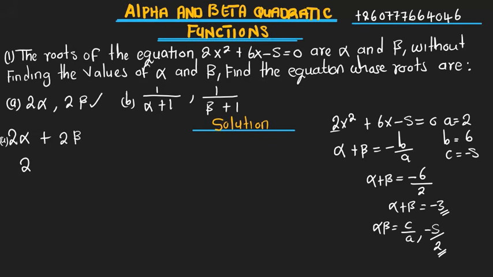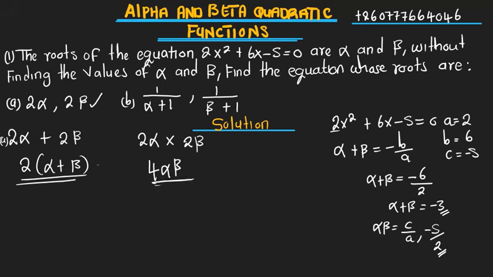This is just the same as 2, open bracket, if we factorize, alpha plus beta. This is their sum. Then let's find their product. Their product is going to be 2 alpha multiplied by 2 beta, and that is going to be 4 alpha beta. This is their product.